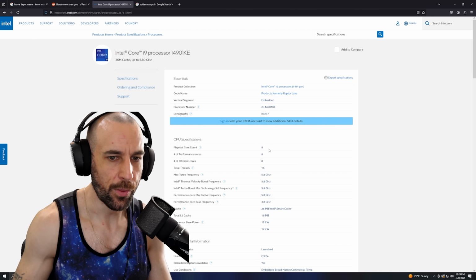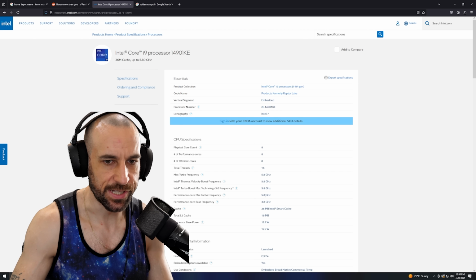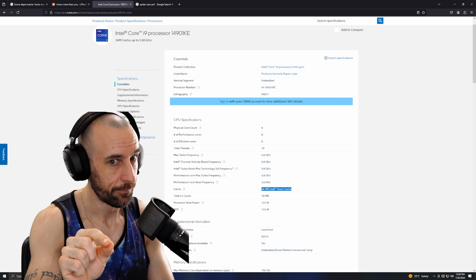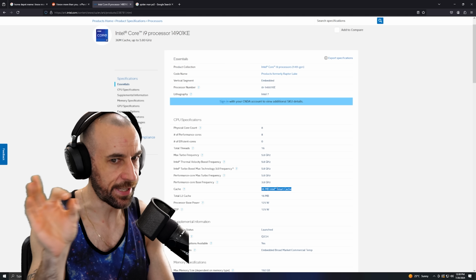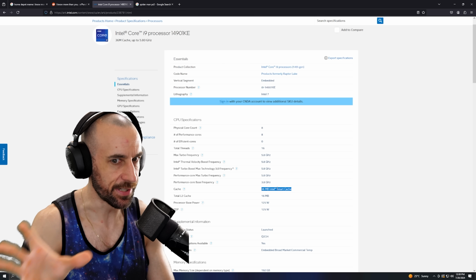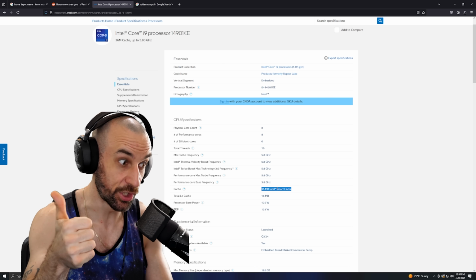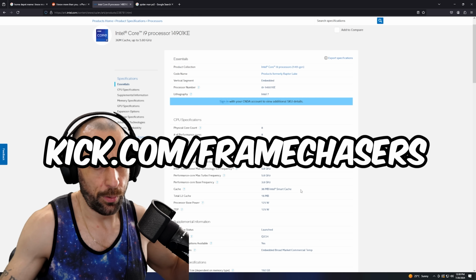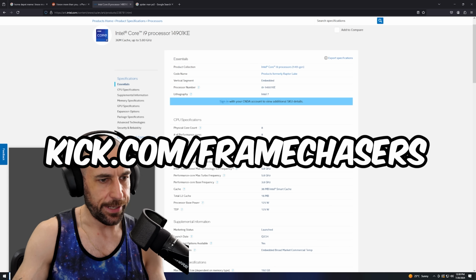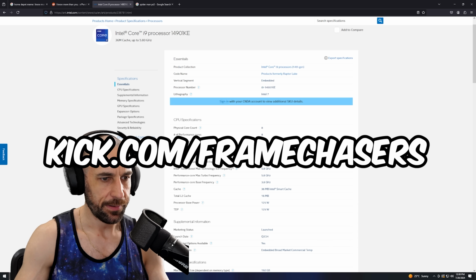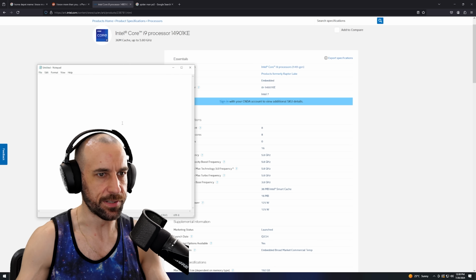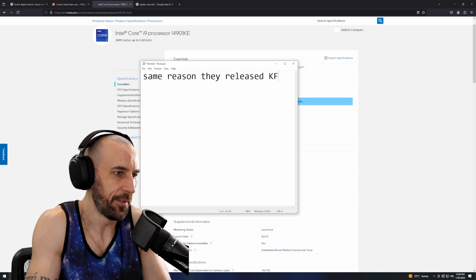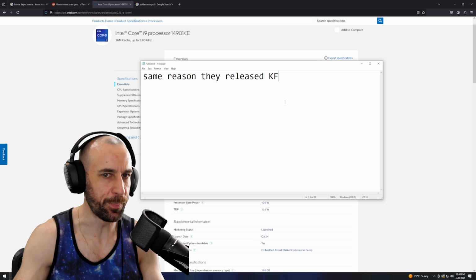Now, the first thing I wanted to check was the L3 cache, and it's the same. So the cache from the E-cores is still available to all the P-cores, which is a good thing. That means they didn't shave anything off, right? Now, why I think they released this? The simplest answer is the same reason they released KF, the F SKUs for the iGPU disable.